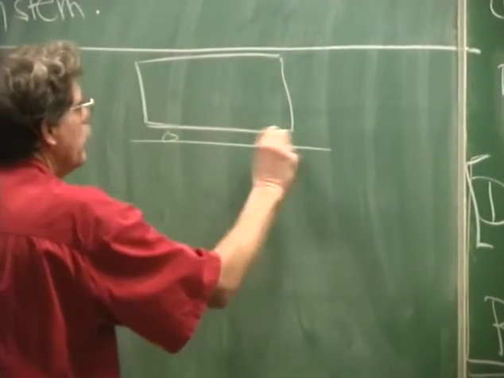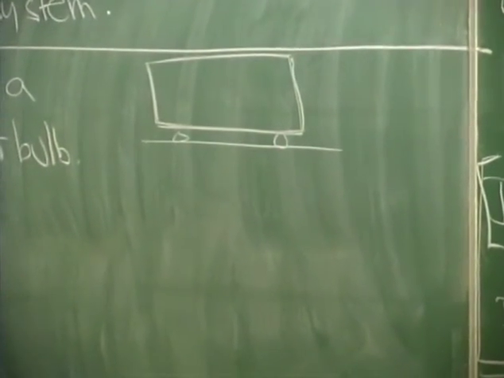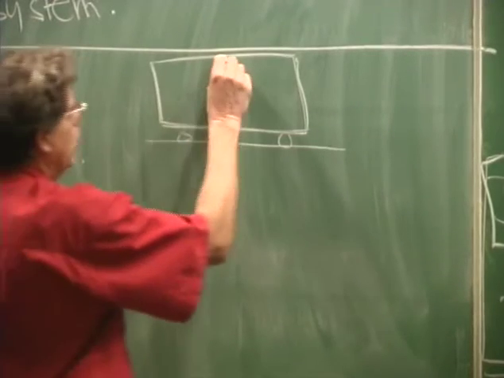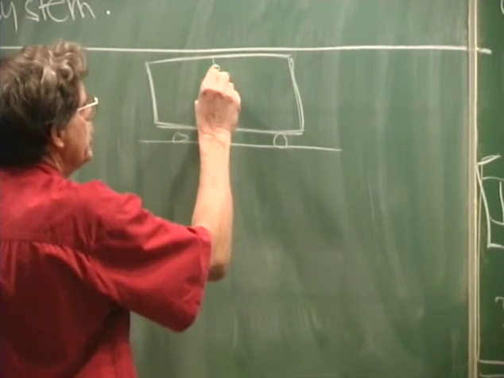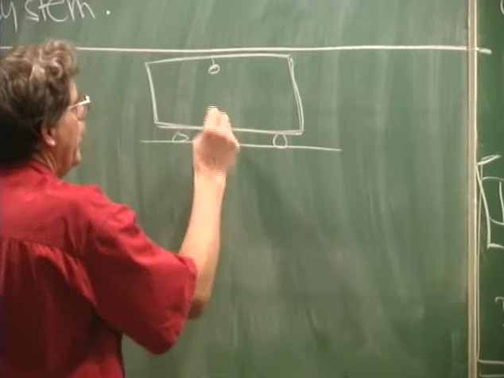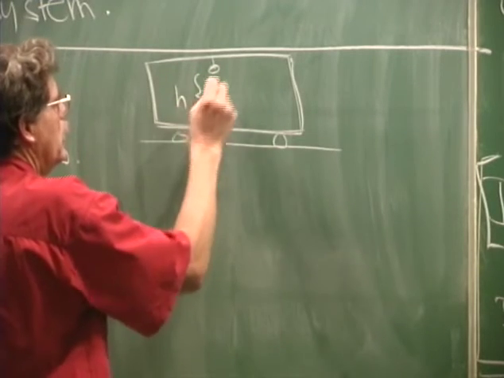I'll analyze it first from the point of view of somebody riding along with the boxcar, if you like, in which the boxcar then is at rest. Here's the light bulb, here's the detector, and the distance that the light has got to go is h.